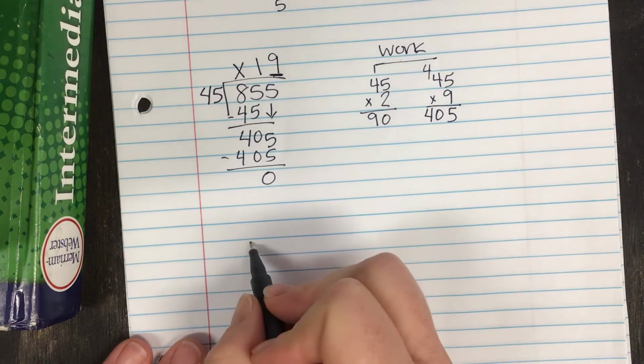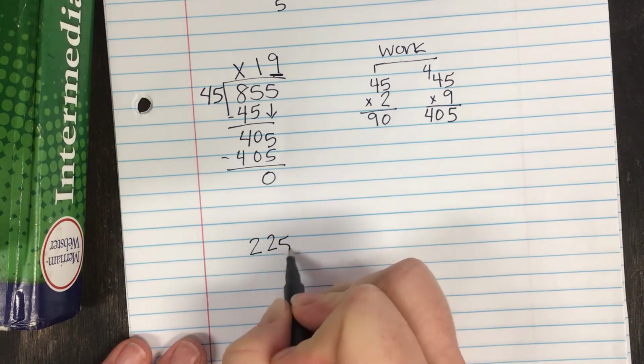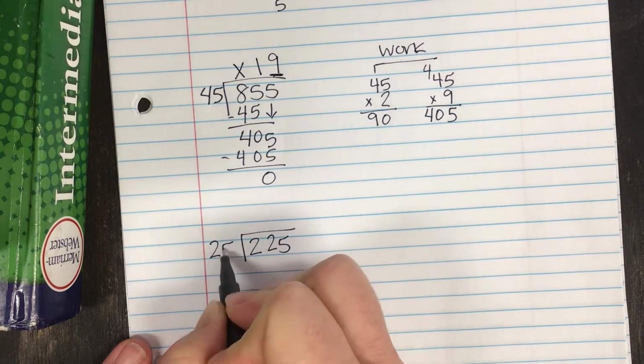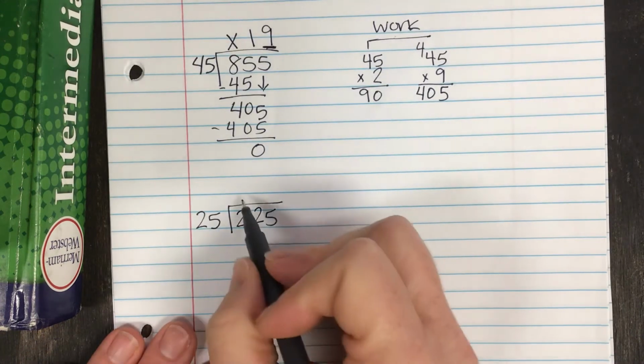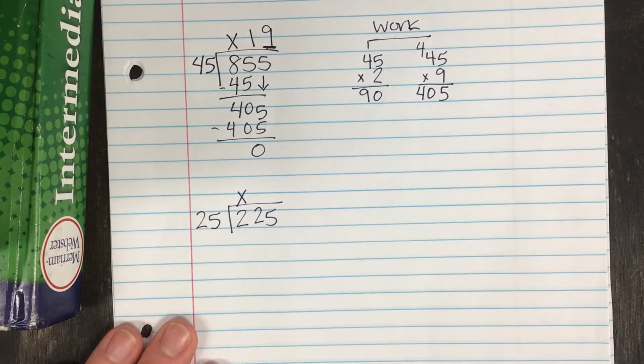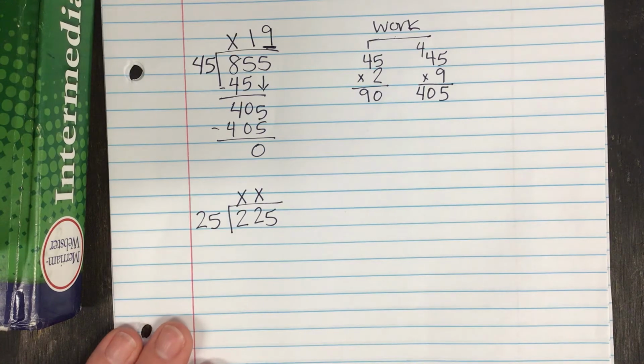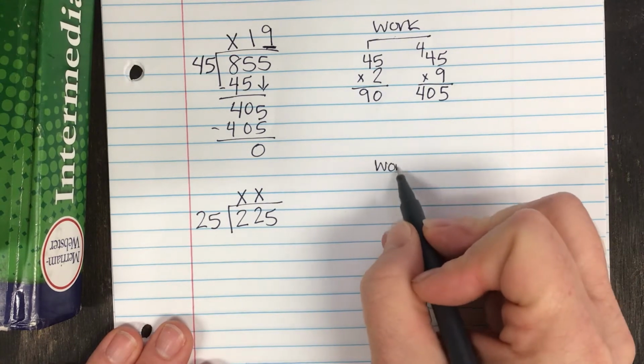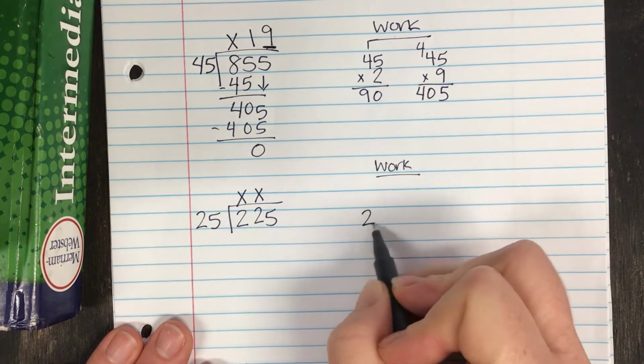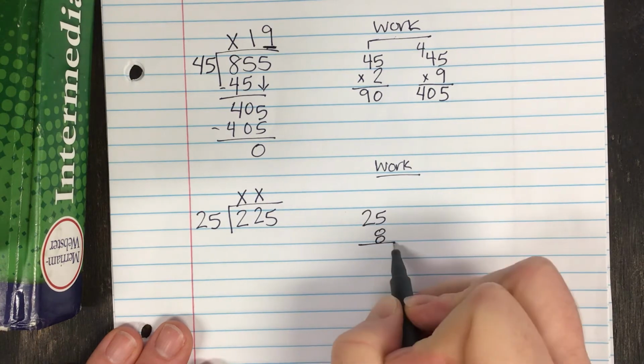Okay, let's look at 225 divided by 25. I know I can't get a group of 25 out of 2. I know I can't get a 25 out of 22. There's not enough there for me to even take a group. So over here I'm going to do my work, and I'm going to do 25 times 8.